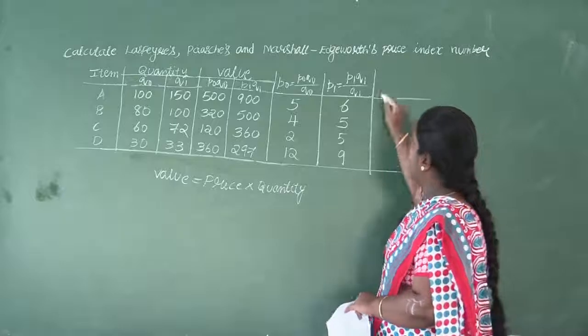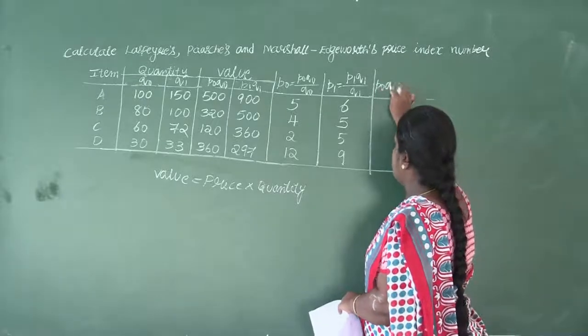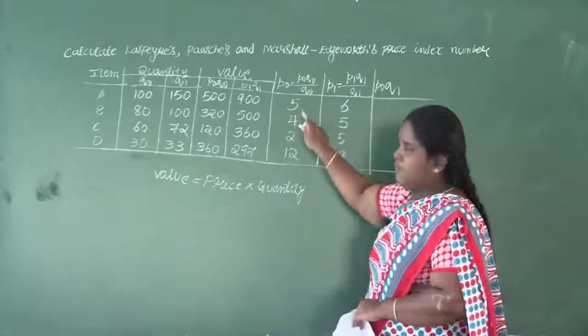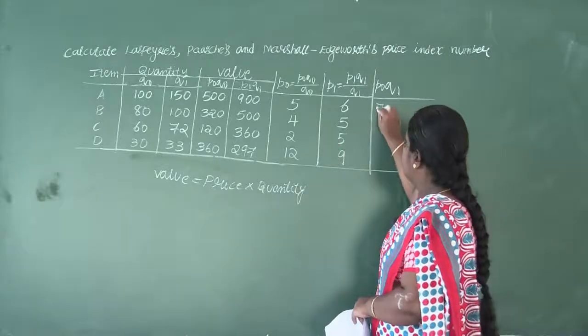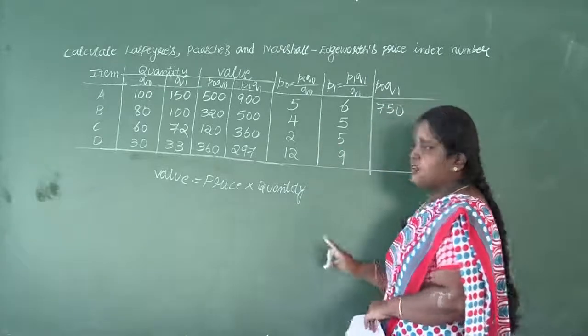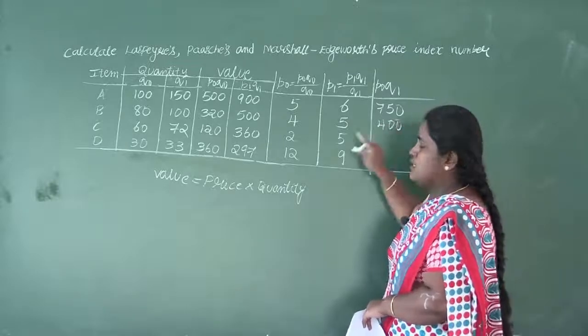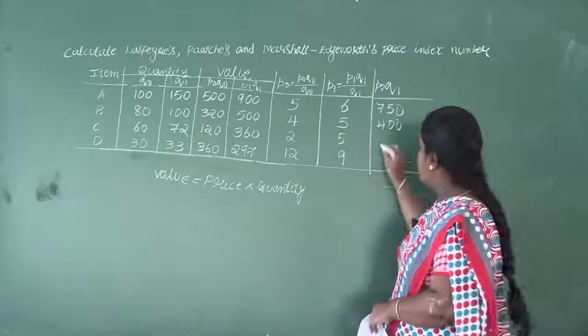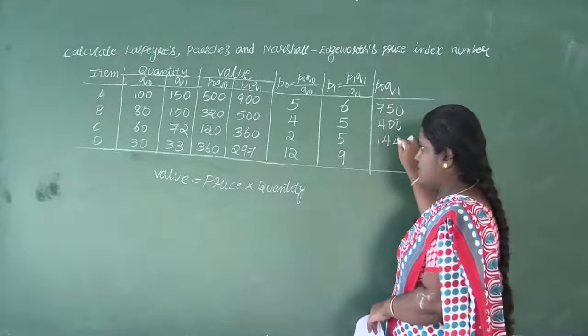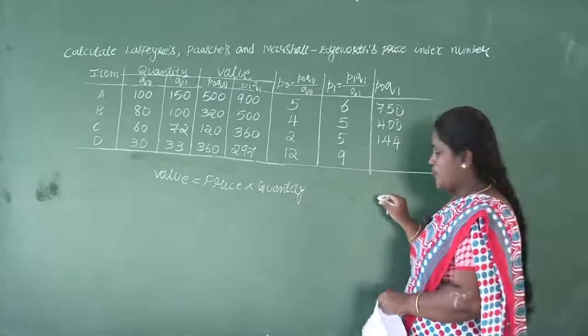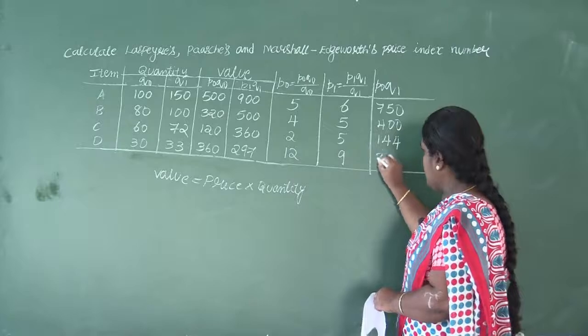Then multiply P0 and Q1: 150 into 5, that is 750, 100 into 4, 400, 72 into 4, 144, 33 into 12, 396.